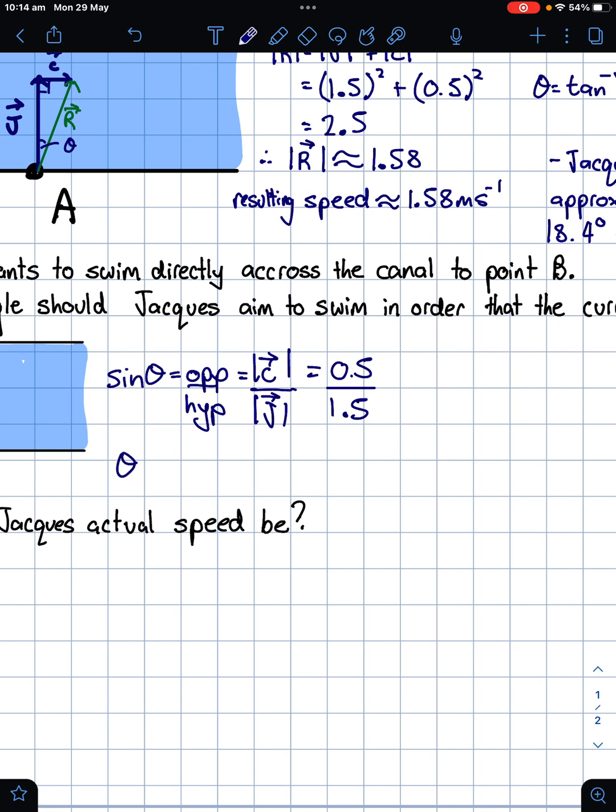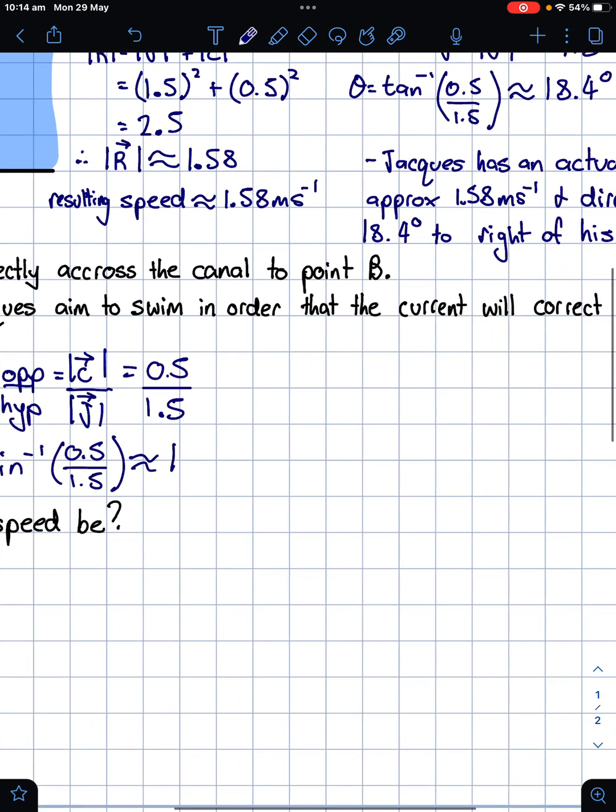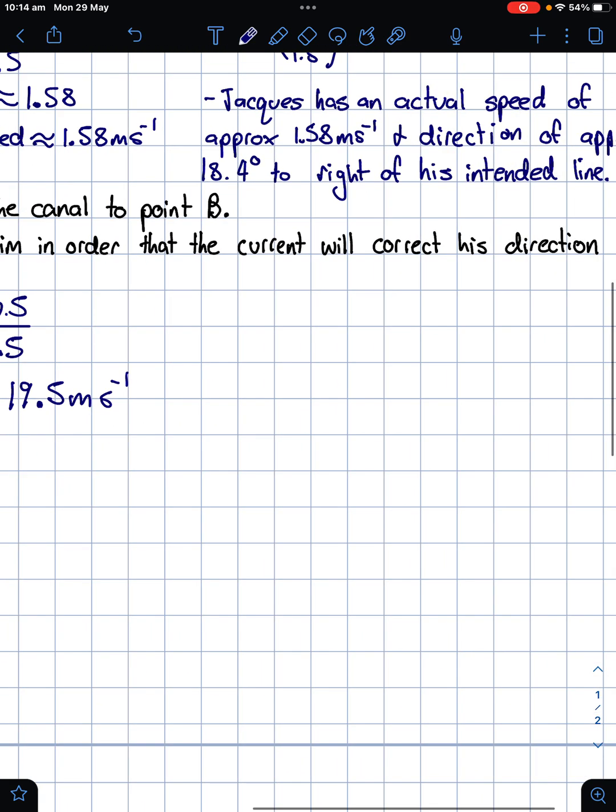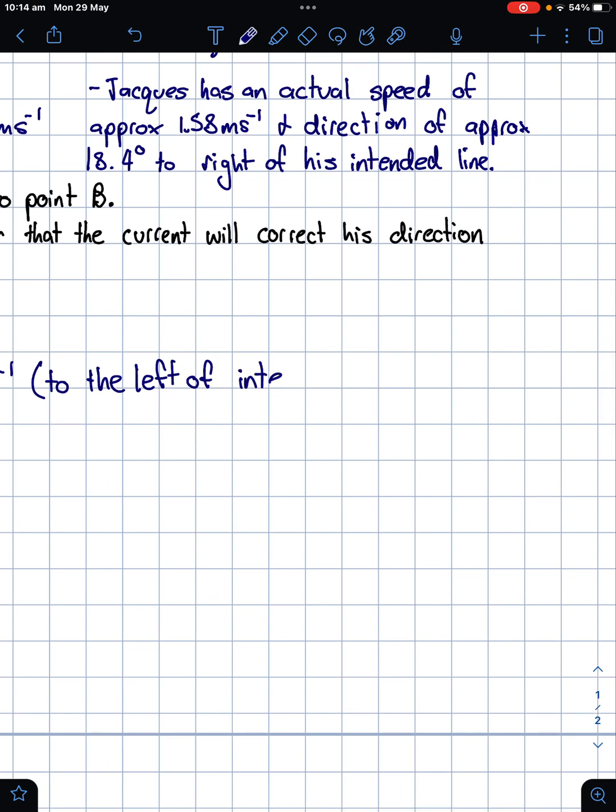So theta equals inverse sine of 0.5 over 1.5, which is approximately 19.5 degrees. Okay, and this is to the left of the intended line.